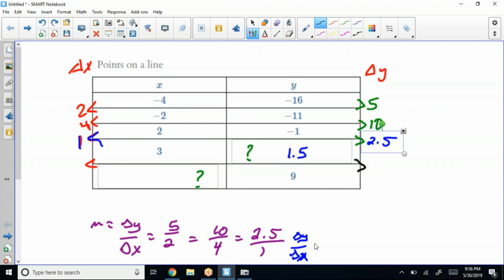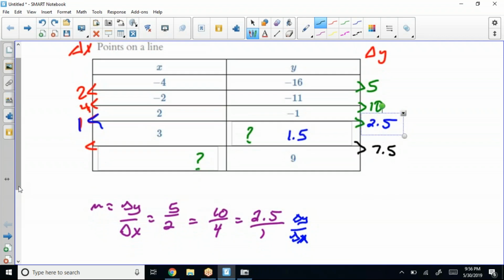Now from 1.5 to 9 is actually 7.5. What I think is easier, and in the first couple of problems in this section, we looked at giving you a slope and a change in X and asking what the new change in Y would be.